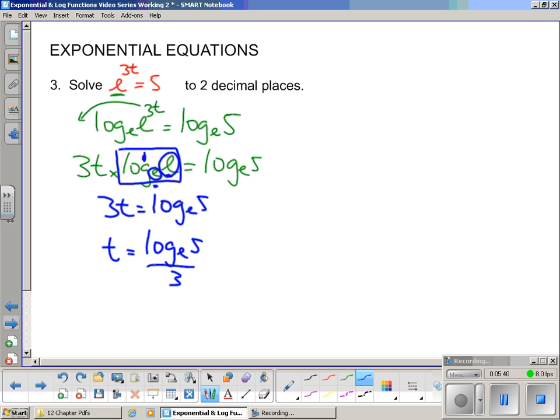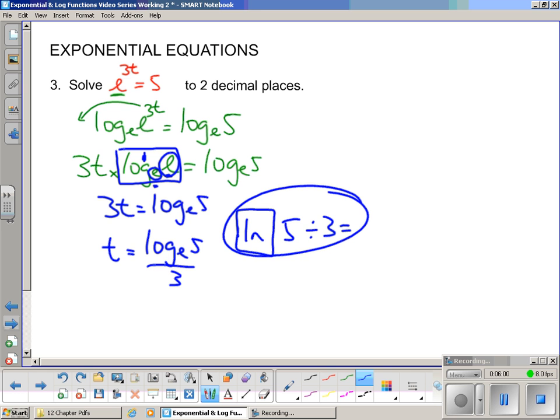And plugging that into your calculator, what you'll have to do is use a button that looks like this with an ln. That's actually log to the base e. So log to the base e of 5 divided by 3 equals, that should go on your calculator, and you should get a value of t that equals 0.54 when we round it to 2 decimal places.